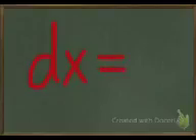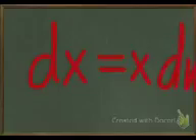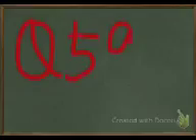Okay, dx equal to x multiply du. With this, we have question 59 in its new form.